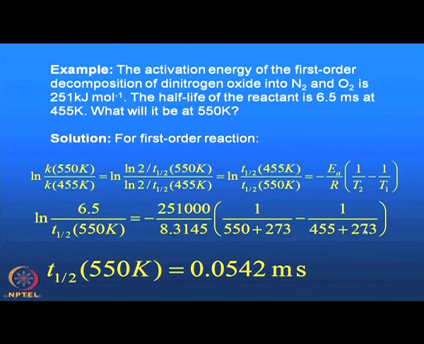So, there is a typo: if it is 455 degree centigrade then you should add 273. If it is Kelvin, you can also make this simple correction: if you make it 455 Kelvin, then you do not need to add this 273. Okay.